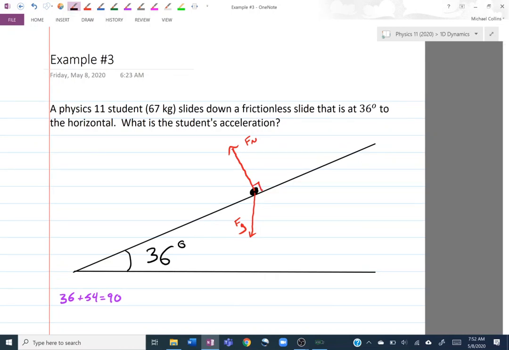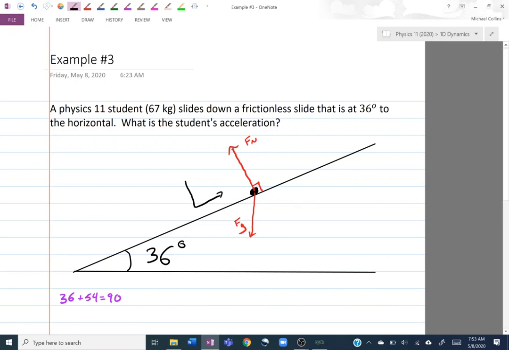So the weird thing about the ramps, and this is our trick, and if we were in a classroom, what I get you to do, and you can look at it right now, if you're looking at your computer screen, it's less useful if you're on your phone, is you just tilt your head 36 degrees to the left so that your eyes line up with that ramp. And that is going to be the plane that we're going to use.